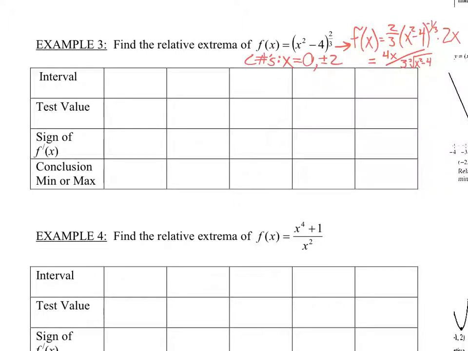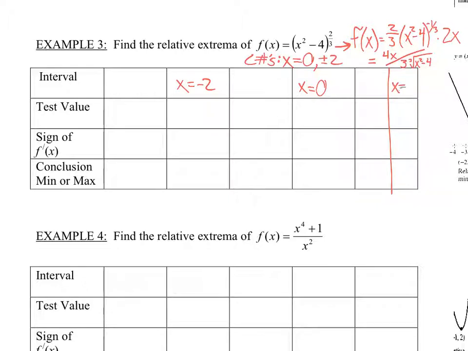So we've got, I should start with -2, because you want to go smallest to largest. So -2, then x equals 0, and then 2. Why don't you start at the first column? Well, because we need intervals too.